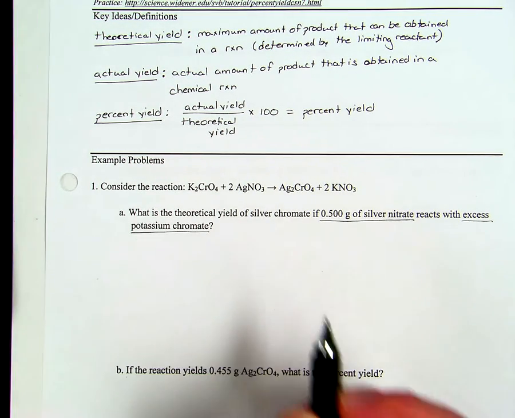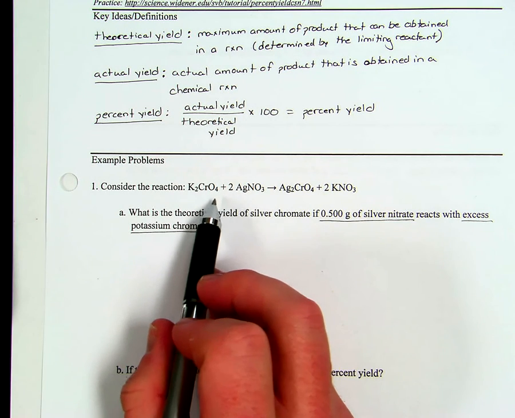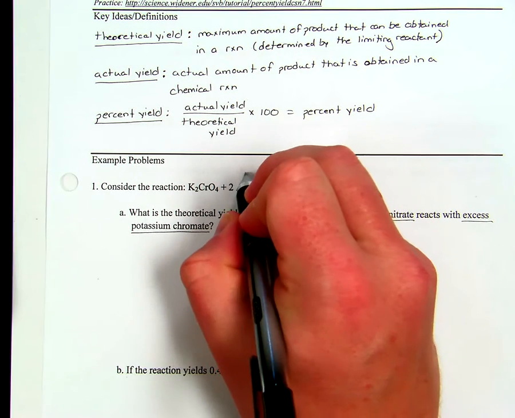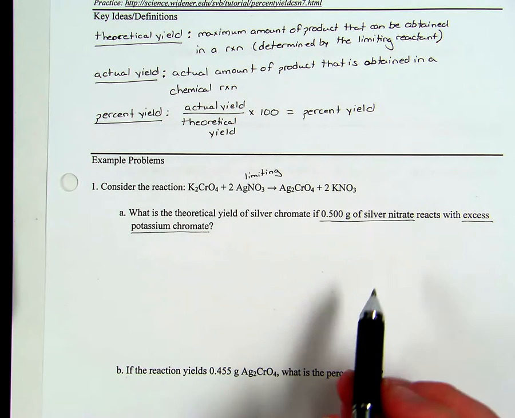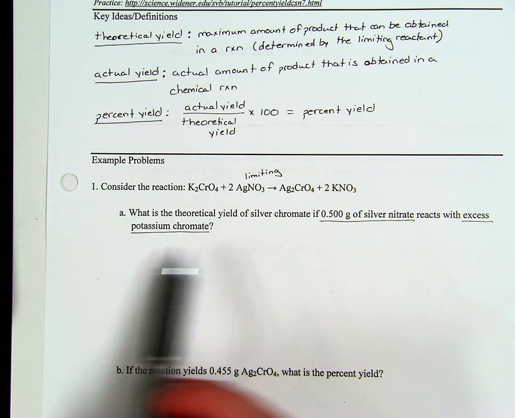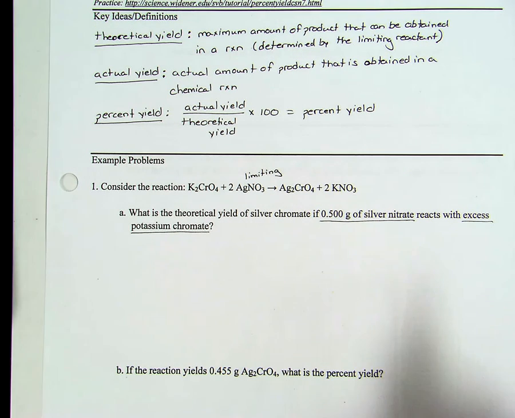Well, the fact that the potassium chromate is in excess tells us that the silver nitrate has to be limiting. So I'll just jot that up here above silver nitrate. The fact that we're not given a mass of potassium chromate, we're specifically told it's in excess, tells us the silver nitrate is going to run out first. Well, this is just a basic gram, mole, mole, gram problem that we've been doing for a while now.